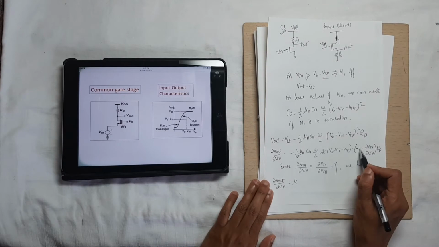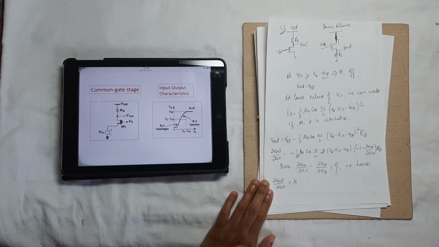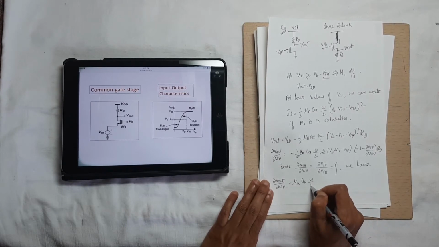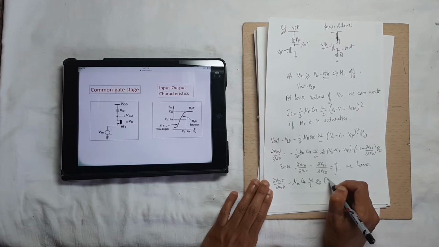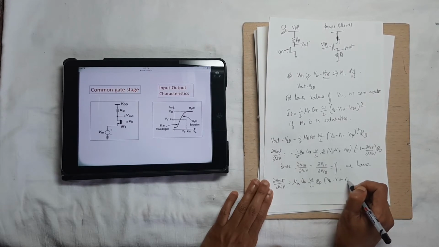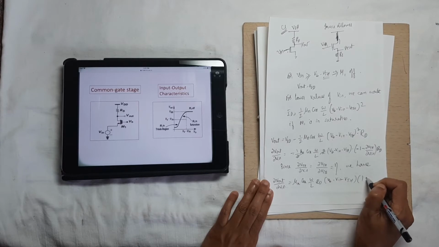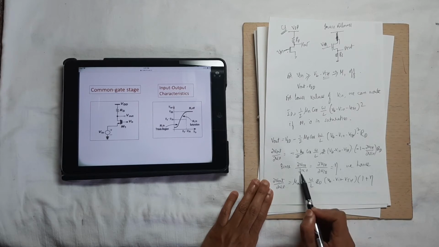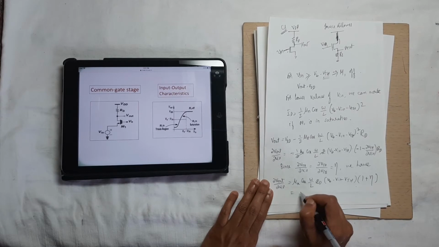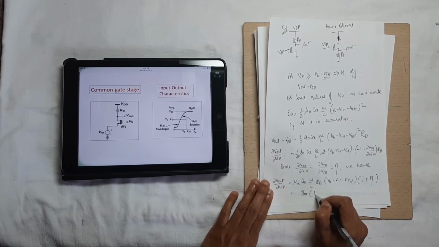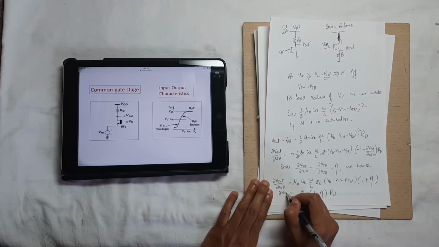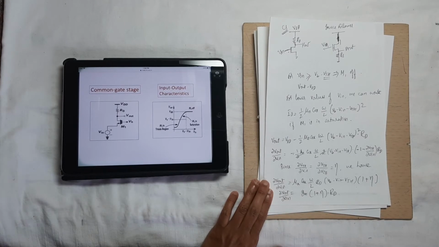Now if you take this minus sign outside, it will become positive, and we can write the expression as mu n Cox W by L RD, VB minus Vin minus VTH, into bracket 1 plus eta, because eta is dou VTH by dou Vin. And what is this expression? This expression is gm into bracket 1 plus eta into RD. This is the expression for dou Vout by dou Vin, the small signal gain.